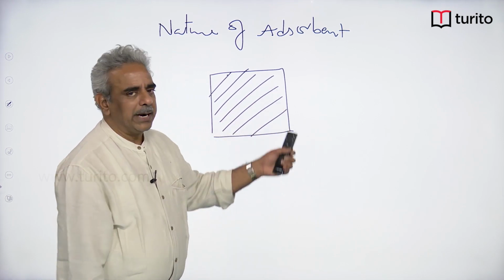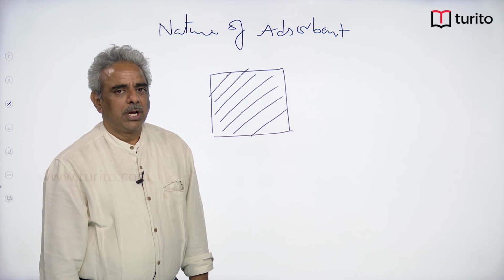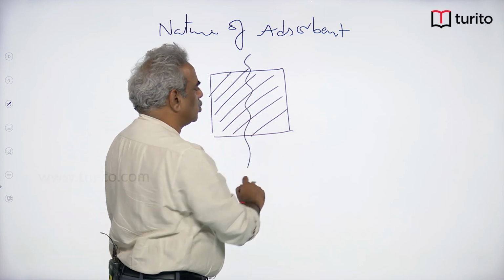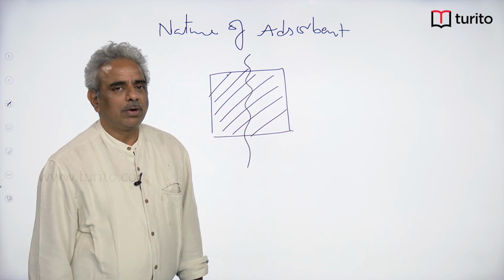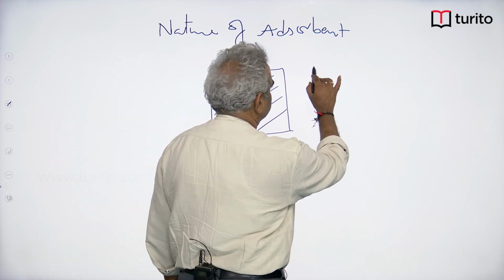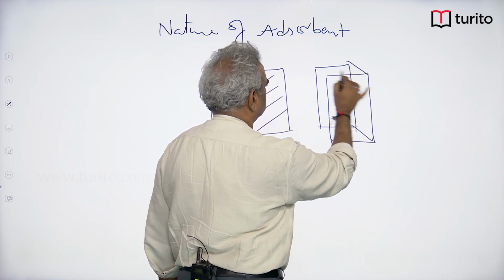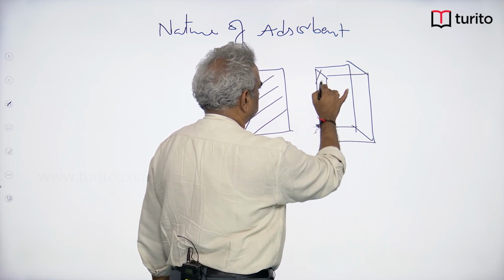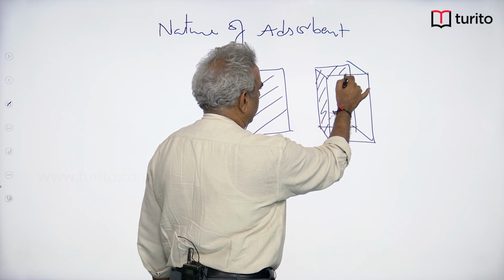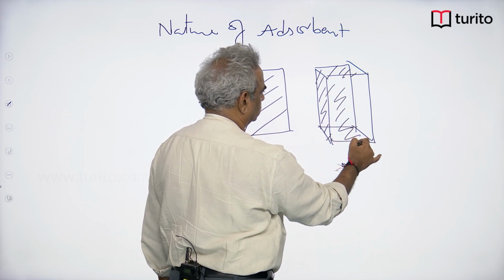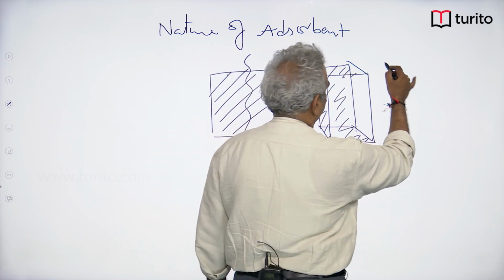It requires some paint. I will cut this wooden cube into two pieces. What will happen? I will have two pieces like this. It is already painted. One more piece.